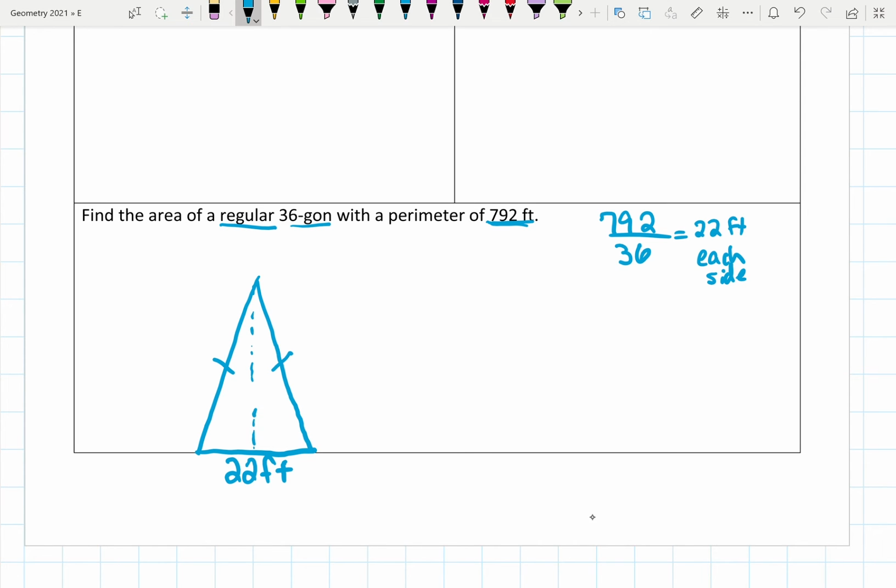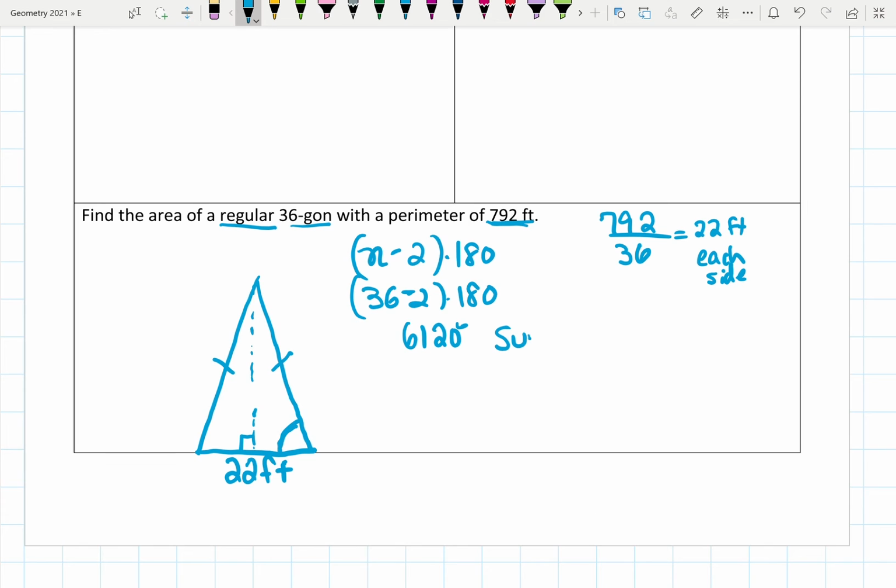In order to do that, I'm going to have to figure out this angle right here, or the other one, it doesn't matter. But remember that n minus 2 times 180, and since it's a 36-gon, 36 minus 2 is 34, and 34 times 180 is going to be 6,120 degrees.